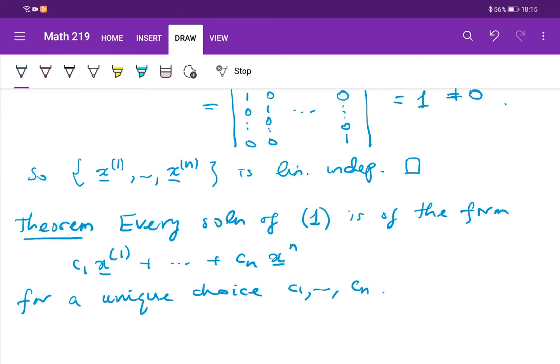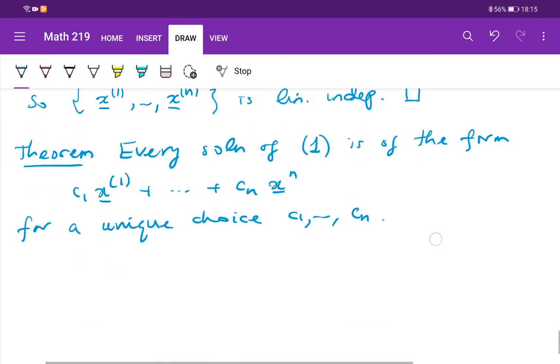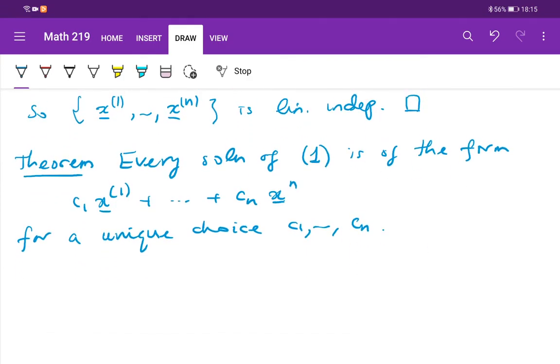Okay, so what's going on here? Let me just remind you, we've picked a point t0, and x1 up to xn are defined as above.